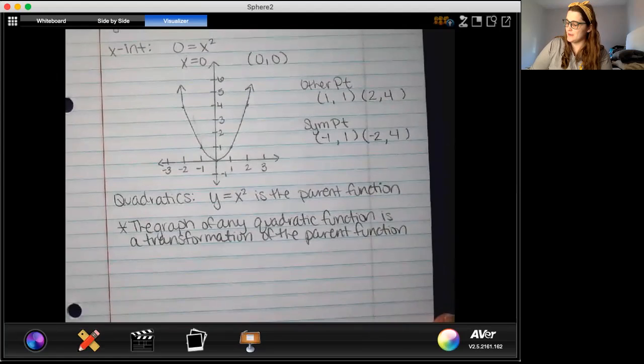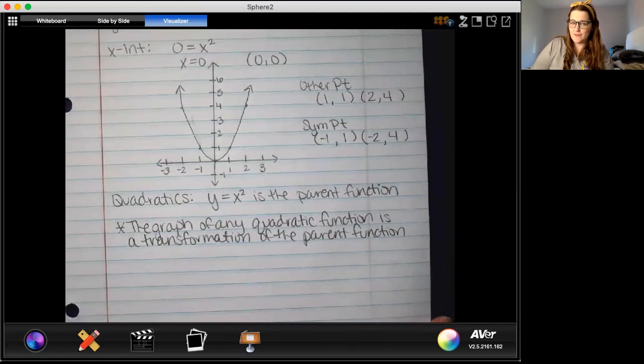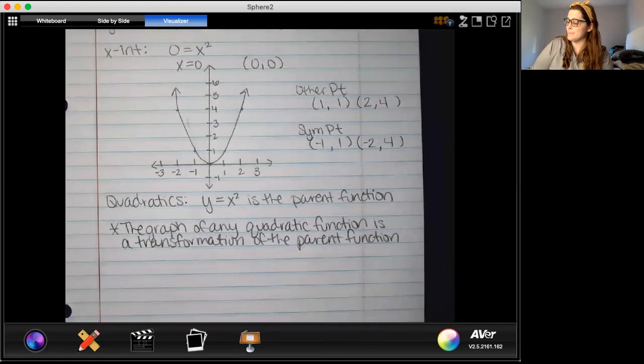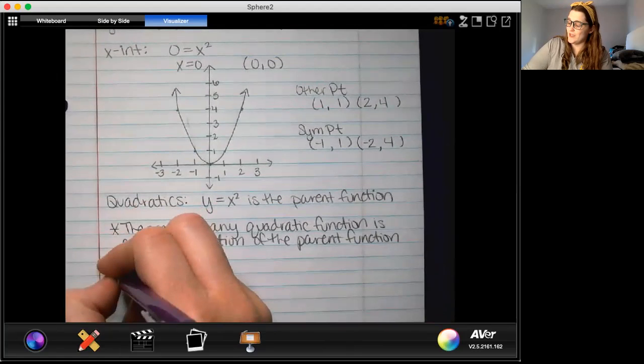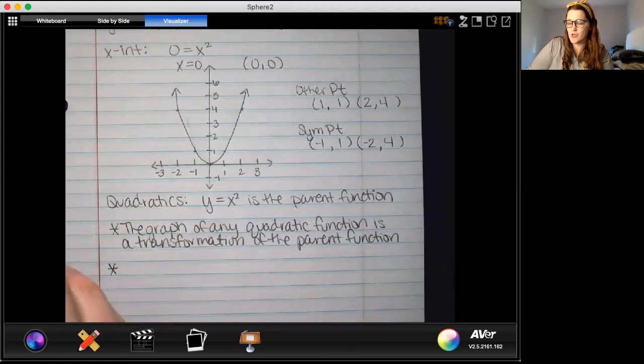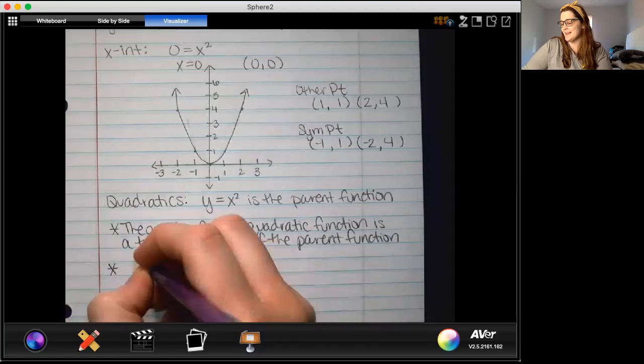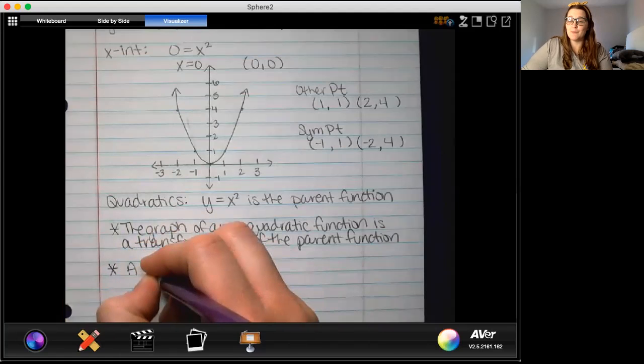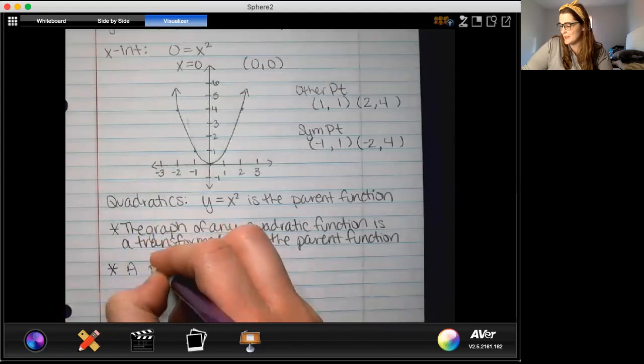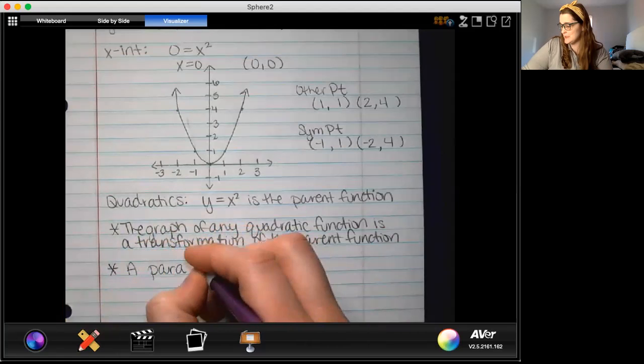Okay. Now, I don't think I've used this word yet, but does anyone know what we call the shape of a quadratic? Anyone have an idea of what the shape of the graph of a quadratic is called? Okay. It is called a parabola, spelled P-A-R-A-B-O-L-A.